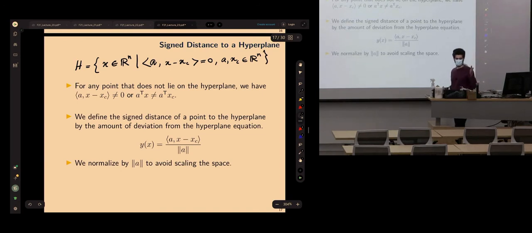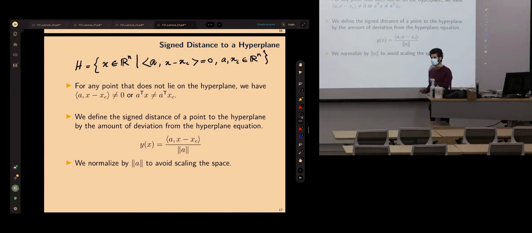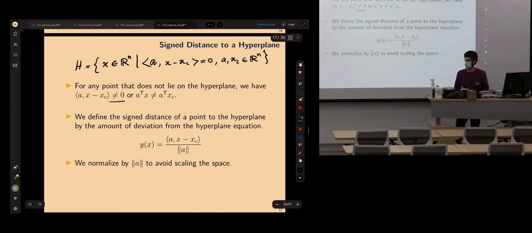Now, by definition, if the point lies on the hyperplane, this inner product is 0. Any point that does not belong to the hyperplane, that means the inner product is not 0. Or in other words, if you expand it, A transpose times x is not equal to A transpose xc if x does not lie on the hyperplane. So the constraint is violated. That defines the hyperplane.